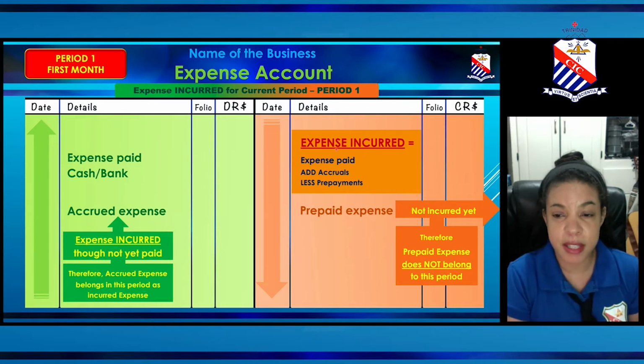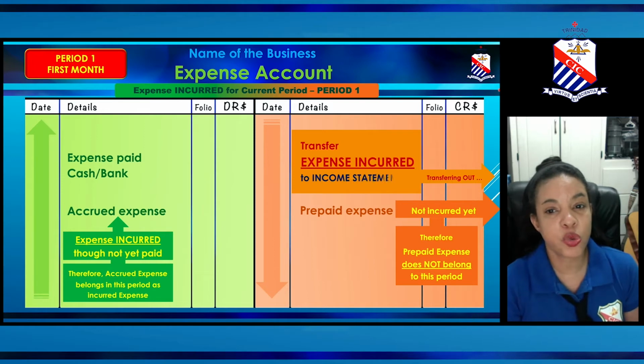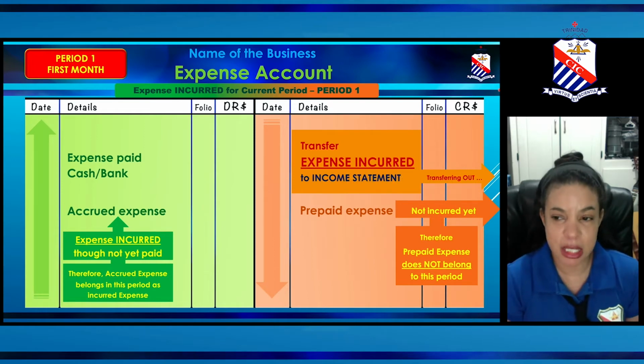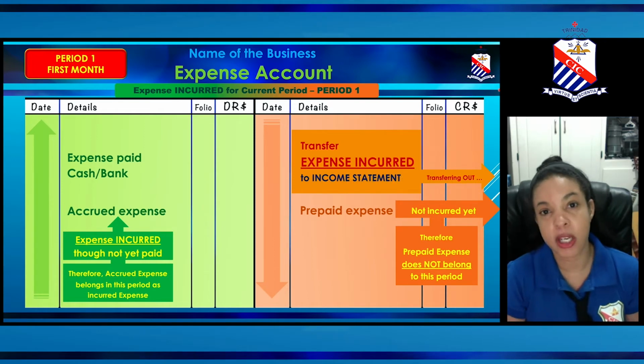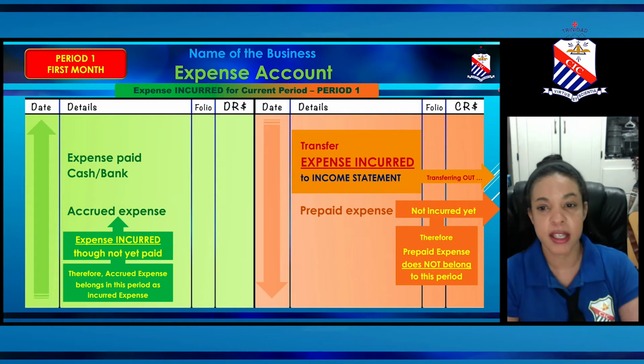And that expense incurred figure that you get after you have done these things is transferred to your income statement to calculate your net profit for that particular period. Our first month, our period.